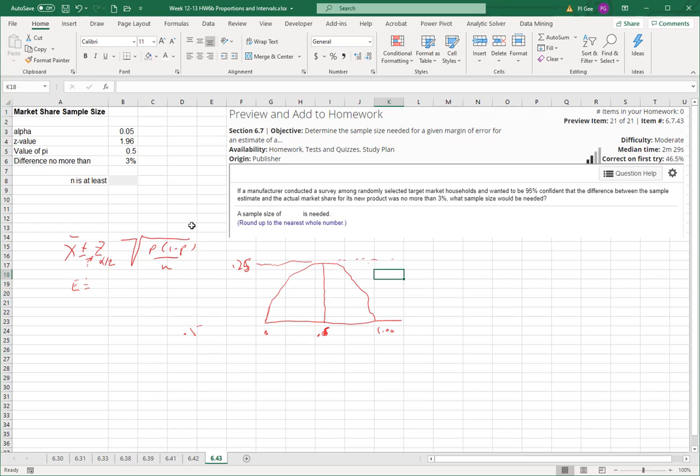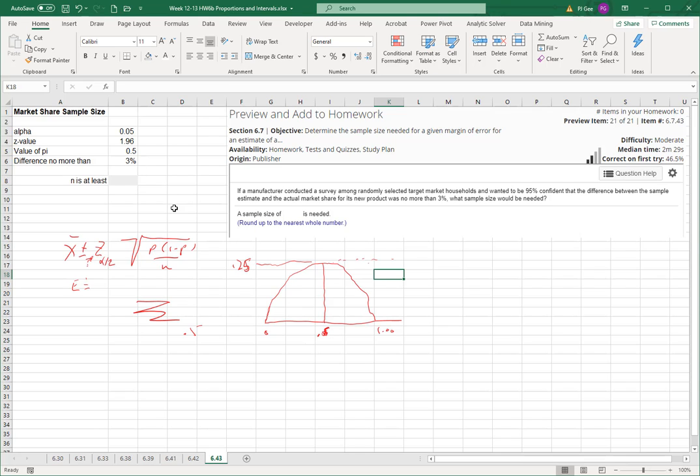You have to be kind of sharp on this, and then you just take p times 1 minus p to be at its maximum, p equal to 0.5 here. So solve for n. I'll let you do that work. I wouldn't take the fun of solving this away from you, but I teed it up here. I always create a nice little table of the information so we can figure it out.